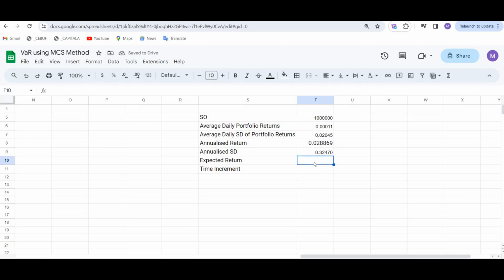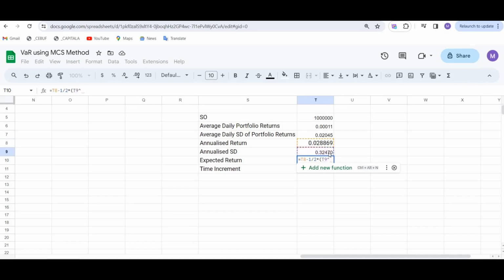Then expected returns, which is equal to annualized return minus half multiplied by, open the bracket, annualized standard deviation. Okay.